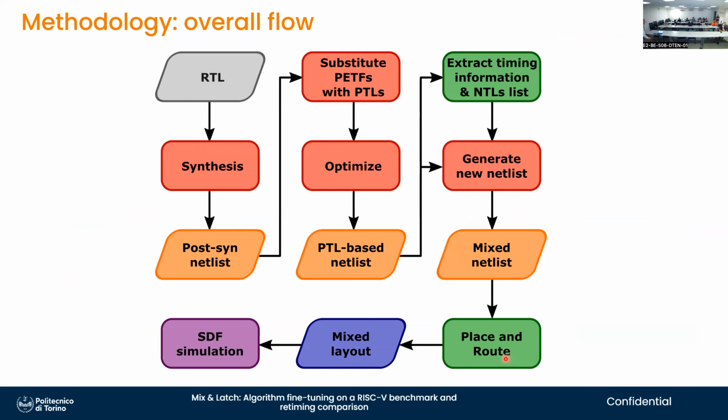This is the flow. Start from register transfer level, do logic synthesis, take the netlist after synthesis, replace all flops with latches, do a first optimization phase ignoring hold time constraints. So we optimize only for setup. We tell the logic synthesis tool, ignore hold time. Then we extract timing information.